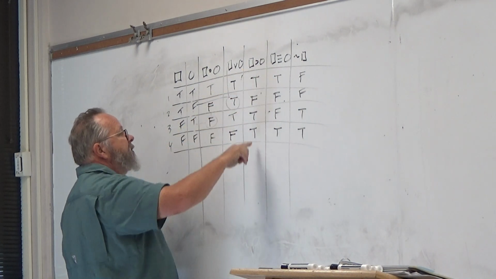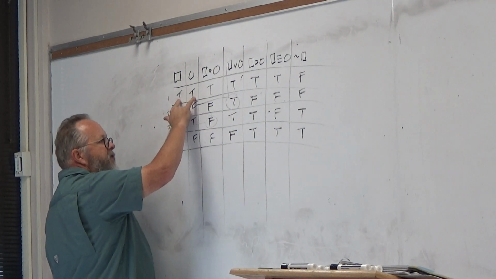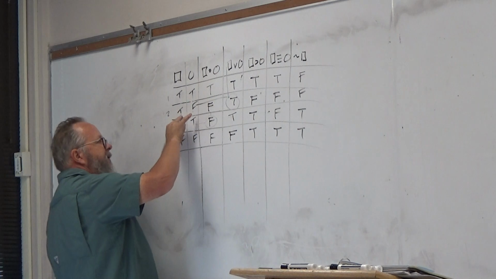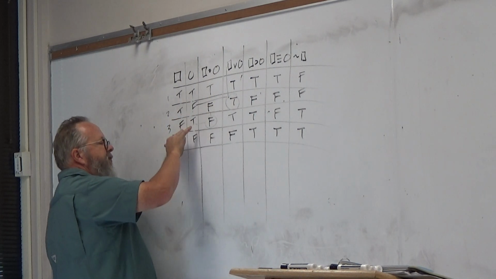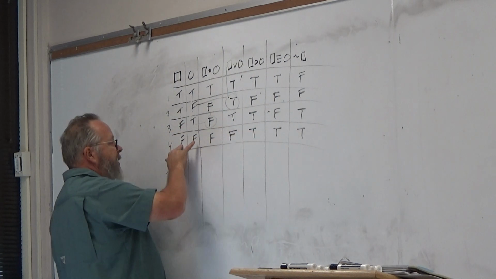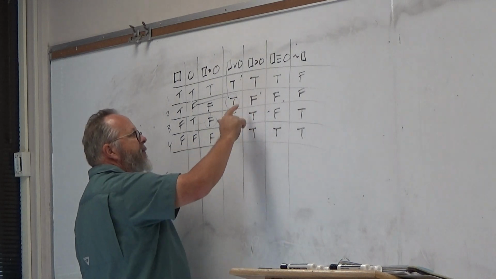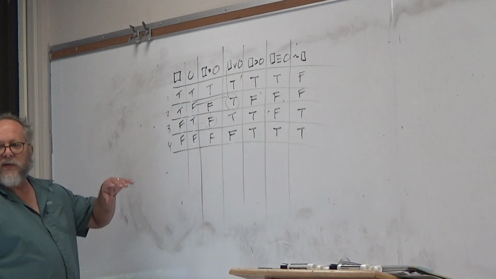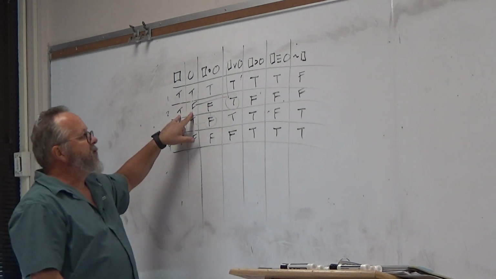Okay? On the conditional, if the antecedent is true and the consequent is true, it's true. If the antecedent is true and the consequent is false, it's false. If the antecedent is false and the consequent is true, it's true. If the antecedent is false and the consequent is false, it's true. So the only time the conditional is false is when the antecedent is true and the consequent is false.